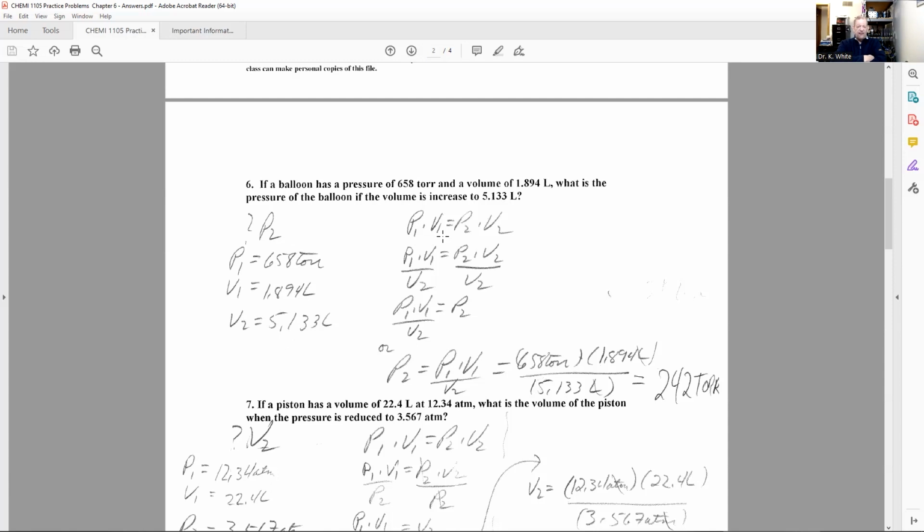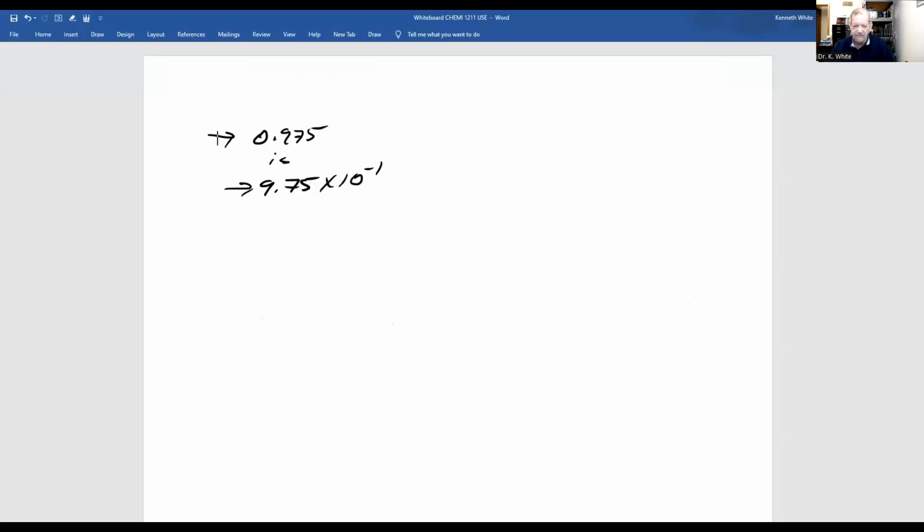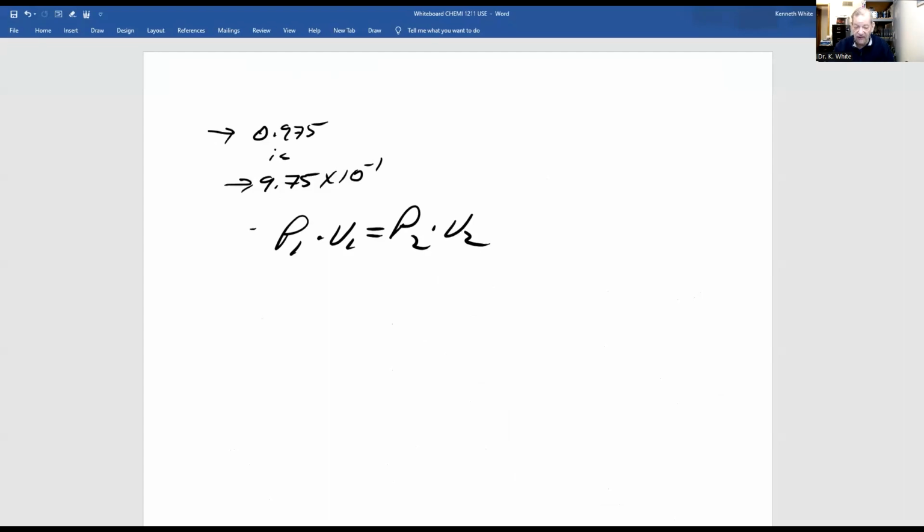How do you solve for P2? Well, you want it alone on its own side. And let me show you how we do this again. And what are we looking for?